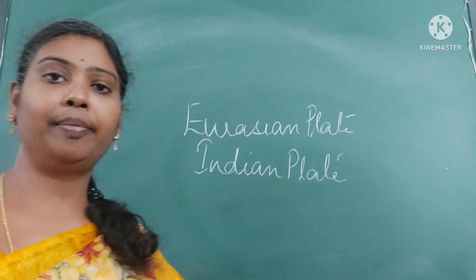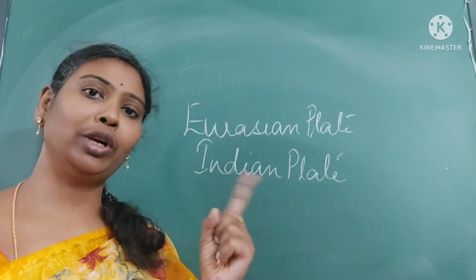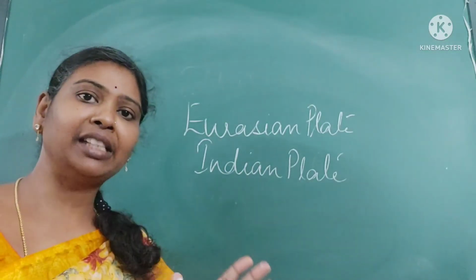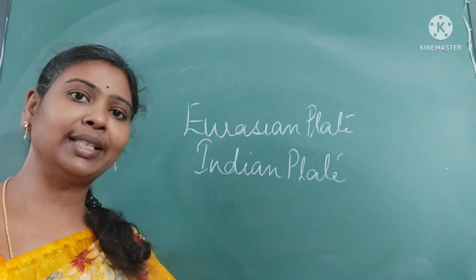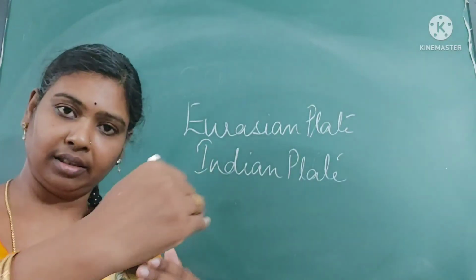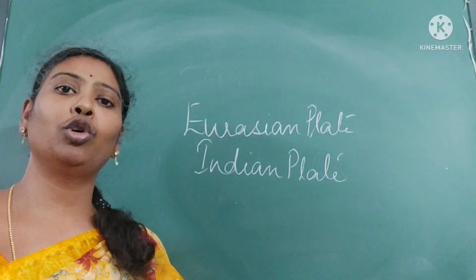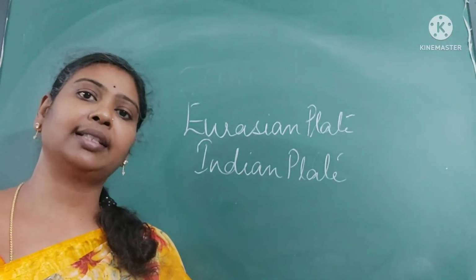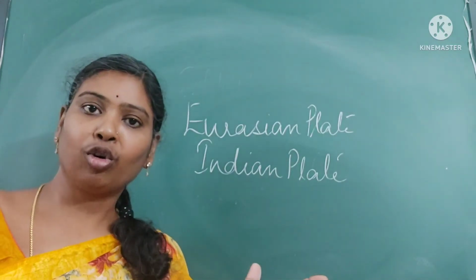Previously we have discussed that there was only one supercontinent known as Pangaea, and this Pangaea was cut into different parts: the southern part of Pangaea, which was known as Gondwana, and the northern part, which is known as Angara or Laurasia. So they had a collision.